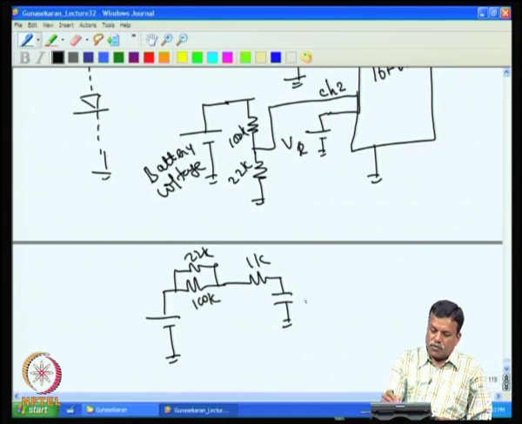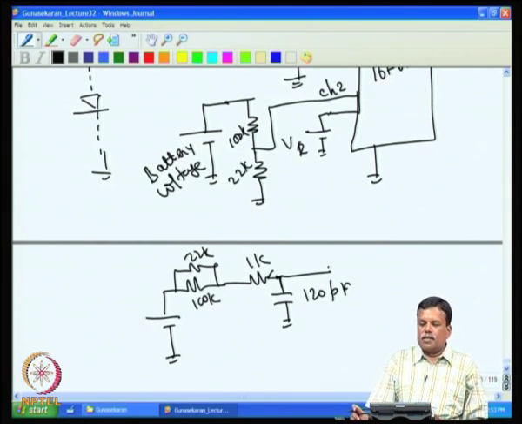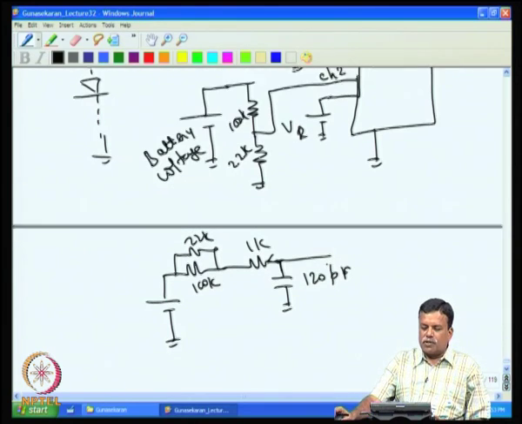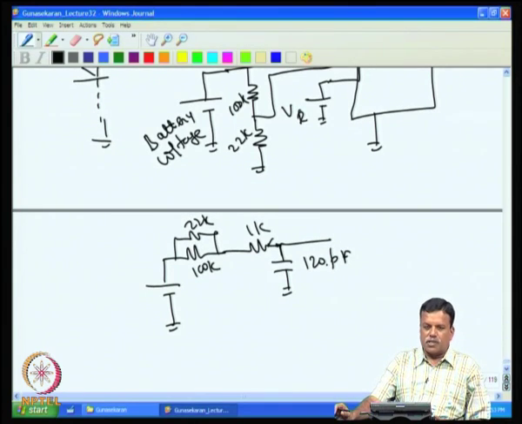Then I have about a 120 pF capacitor at the input. Obviously, this will take about 40 microseconds to reach half an LSB of the 10 bit converter, because this capacitor is actually the sample and hold SHA capacitor.